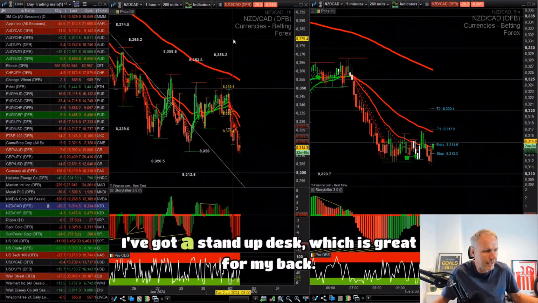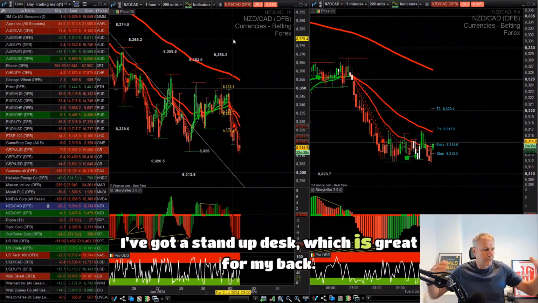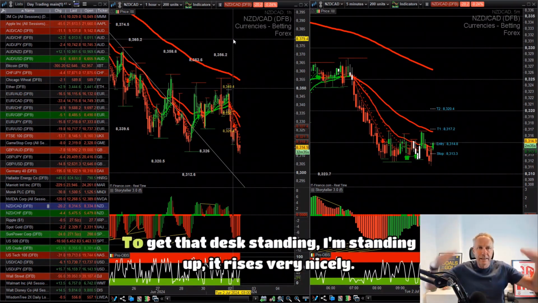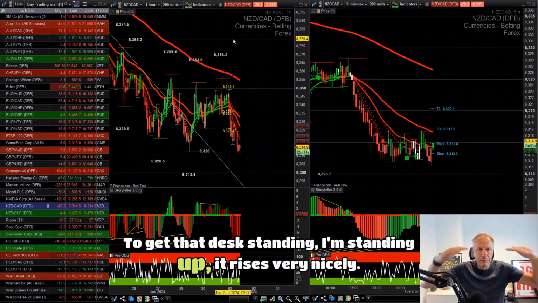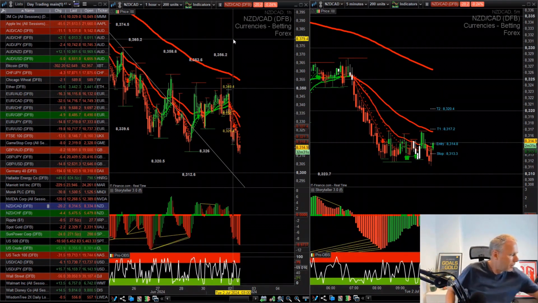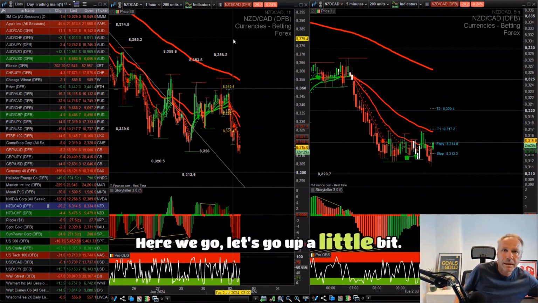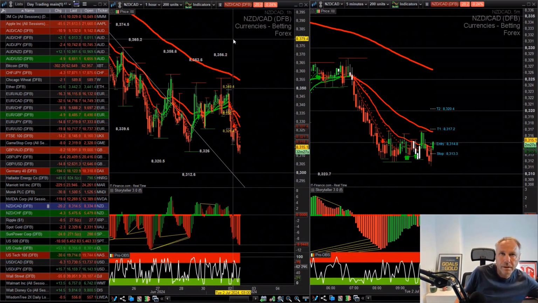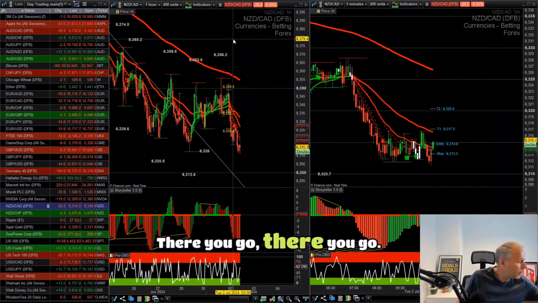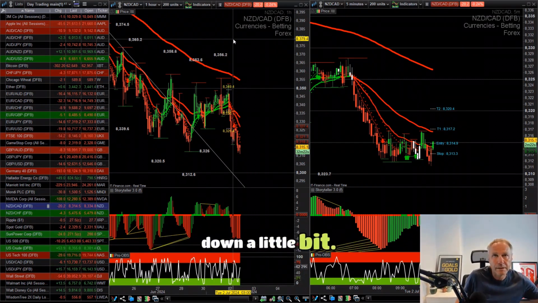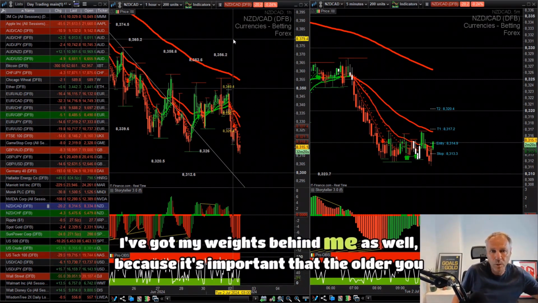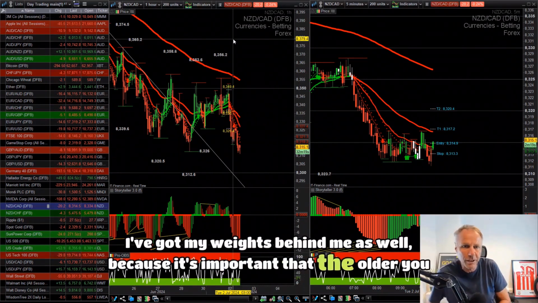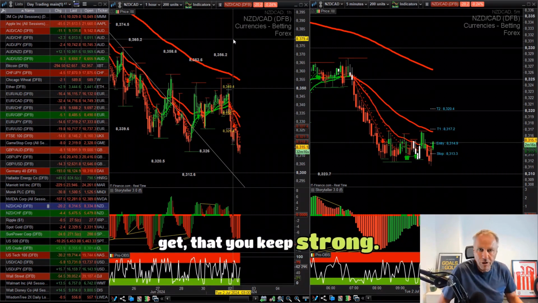I've got some lights in here. I've got a stand-up desk, which is great for my back. It rises very nicely. Here we go, let's go up a little bit. There you go. And down a little bit. I've got my weights behind me as well, because it's important that the older you get, that you keep strong.